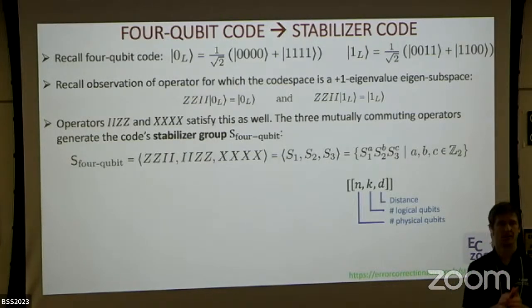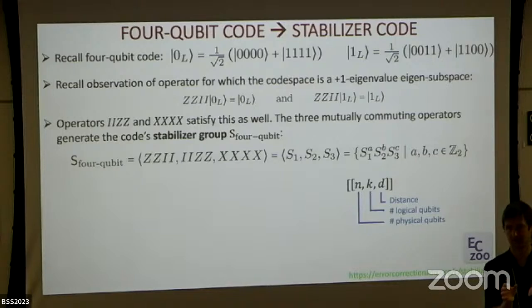D-1 is the number of qubits that a detectable error can act on at most. It's the number of qubits that can have errors on them and the code can still detect them. So for us, the distance is 2 because 2 minus 1 is 1, which is the number of qubit errors that our code can detect. Okay.